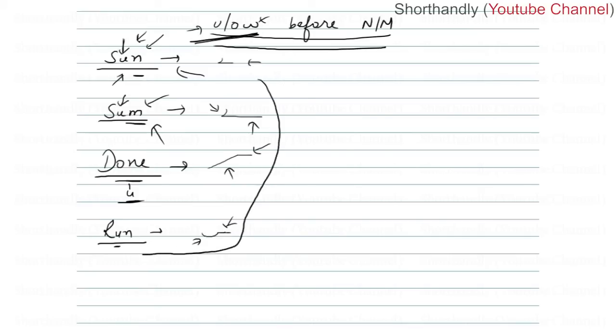Now we're going to take an example, suppose a word called town. If you pronounce it, it goes like town, so we have the ow sound here. It's simply saying that U and ow before N and M. Here we have this N, and before that we have this ow.